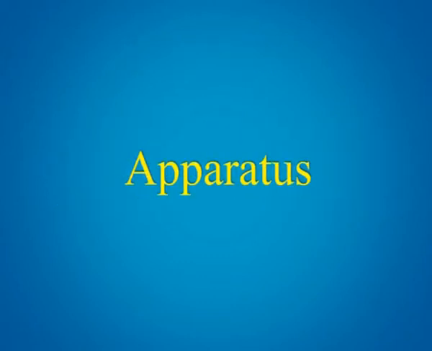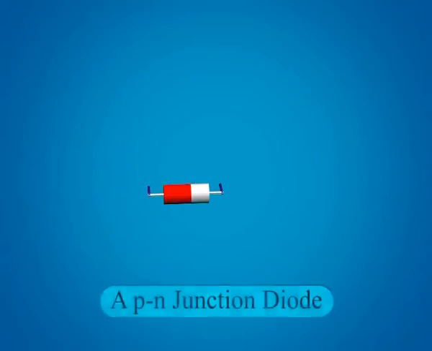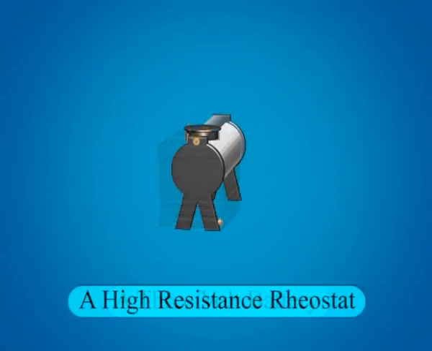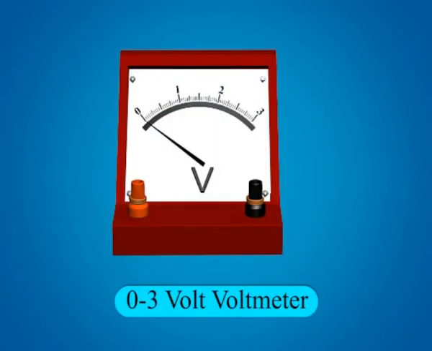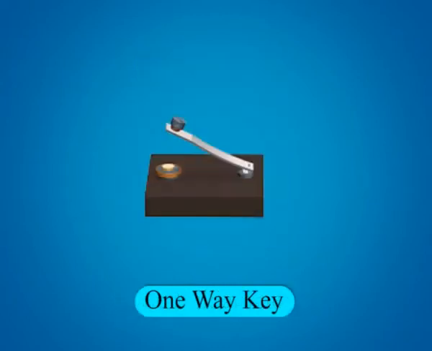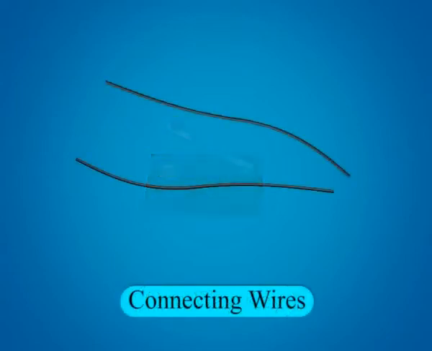The requirements of the apparatus are as these: a PN junction diode, a 3-volt battery, a high resistance rheostat, 0 to 3 volt voltmeter, 1 milliammeter, 1-way key, and some connecting wires.